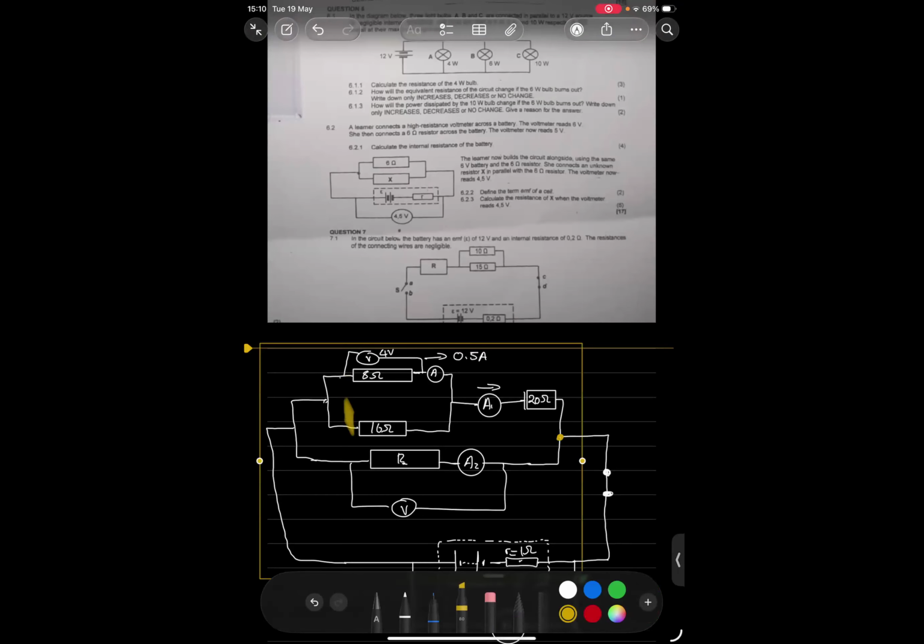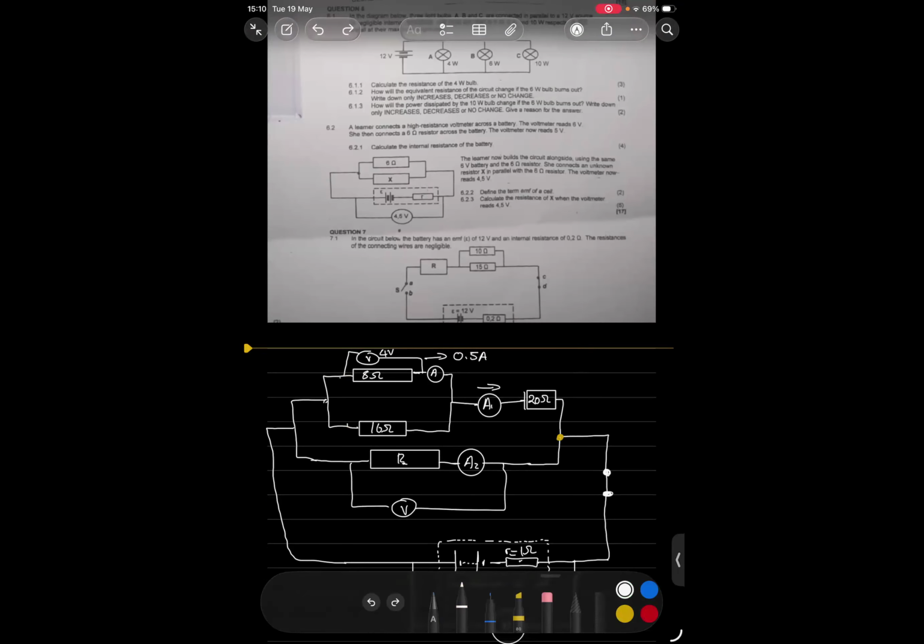This is going to be 4 volts, and what's going to be the voltage across the 16 ohm? It's going to be 4 volts.